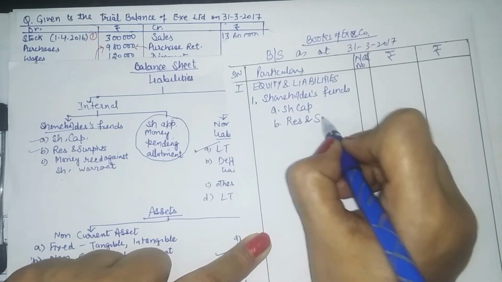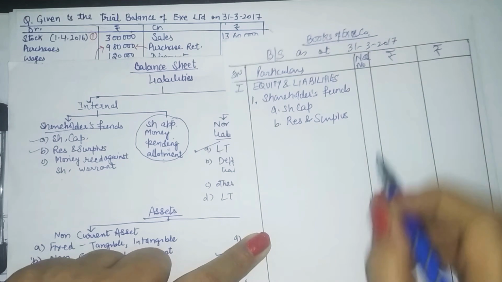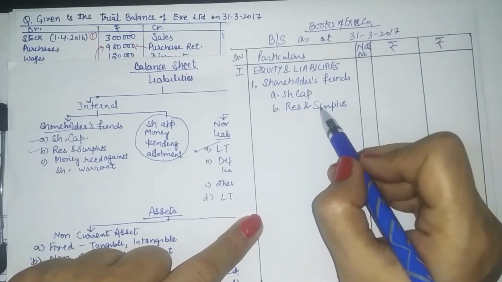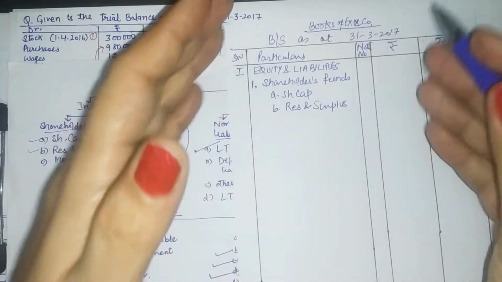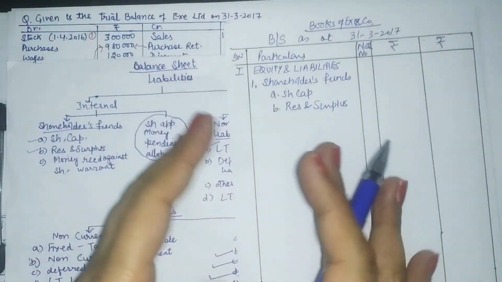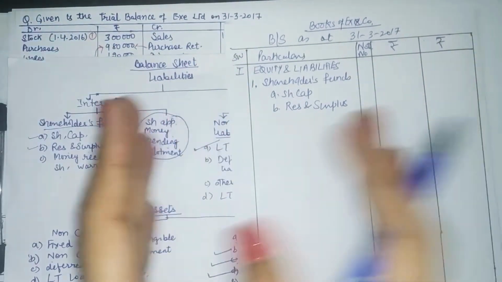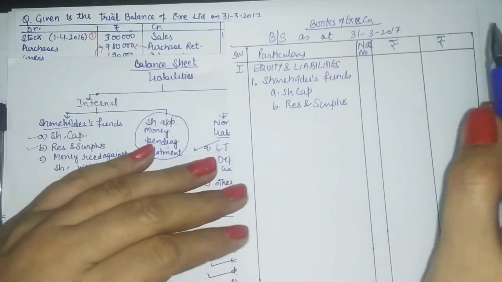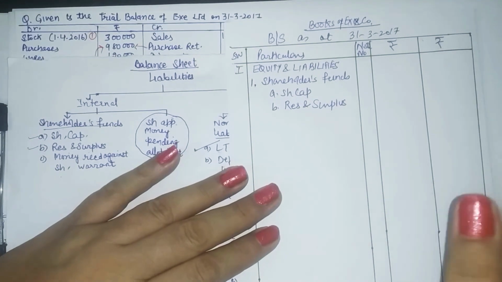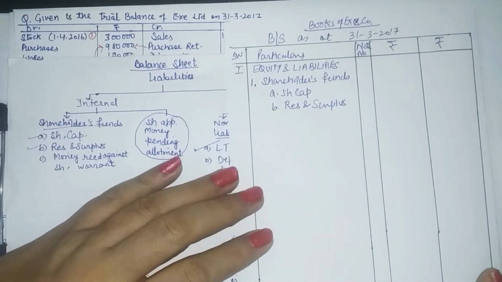No matter how many reserves or surplus there are, the overall aggregate balance is to be reported here. This is the beauty of this format, that we are not to record everything in a hodgepodge manner, but in a proper format. So totals will be done in the notes, and herein we will record the final amount.